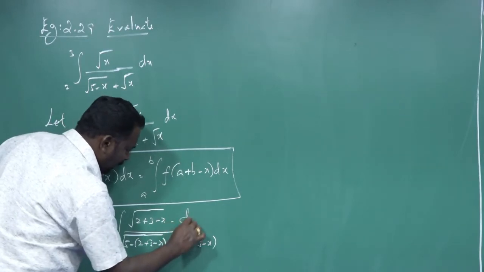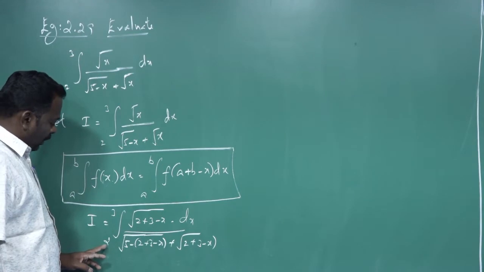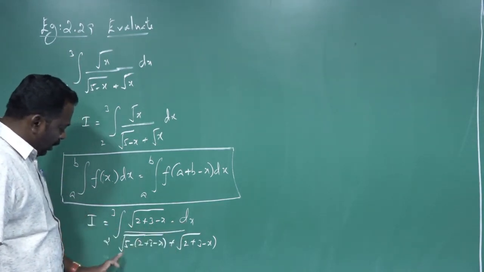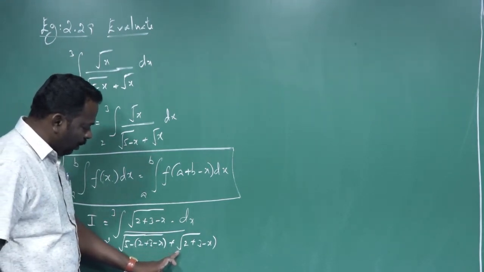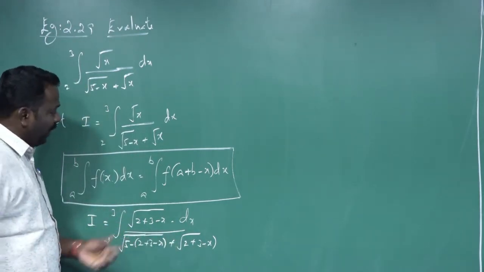Similarly, the square root of 5 minus a plus b minus x, with a equal to 2 and b equal to 3, and then plus the square root of a plus b minus x, that is 2 plus 3 minus x, dx. Now simplify the equation.